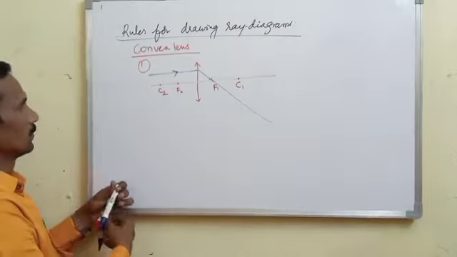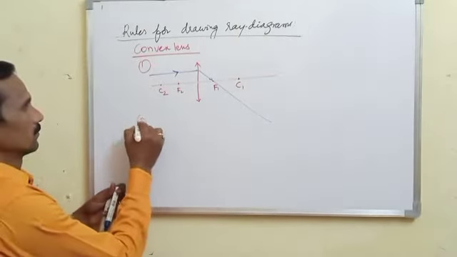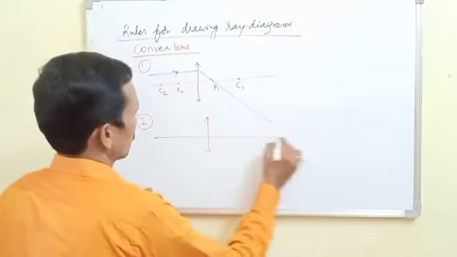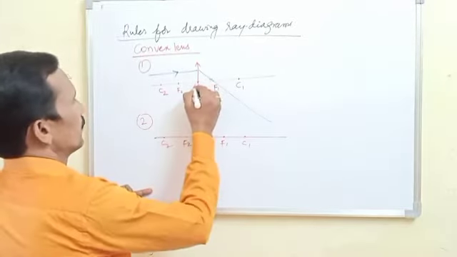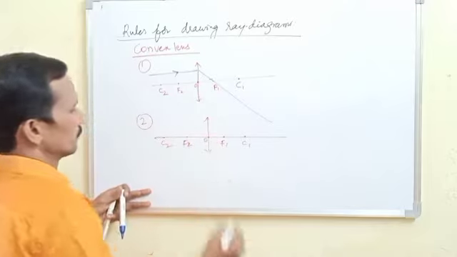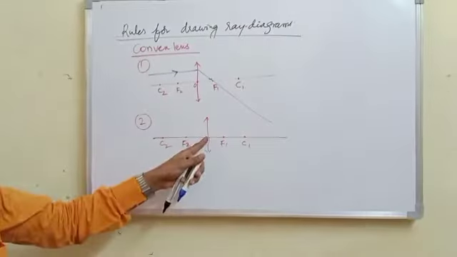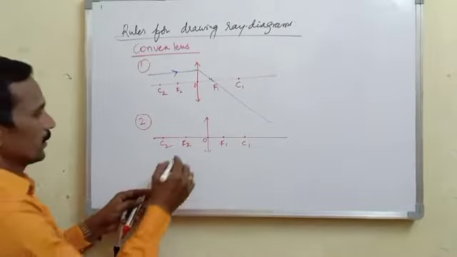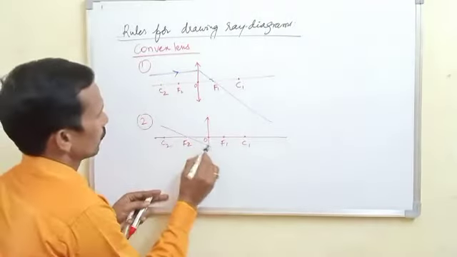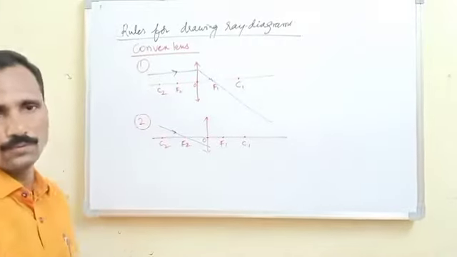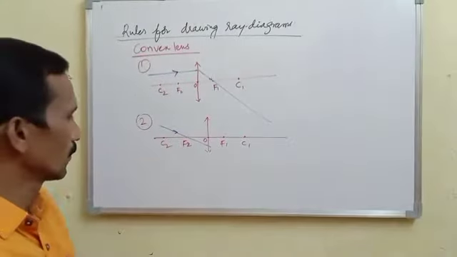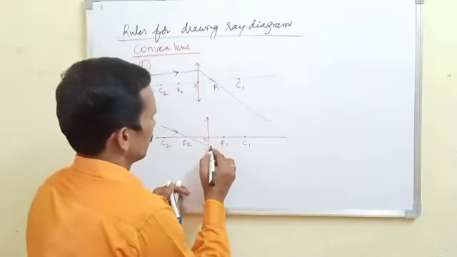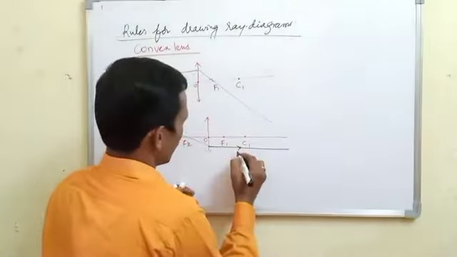Next, the second one. The middle is the optic center: optic center, C1, F1, C2, F2. If a light ray is incident through the focus, after refraction it becomes parallel to the principal axis, like this.